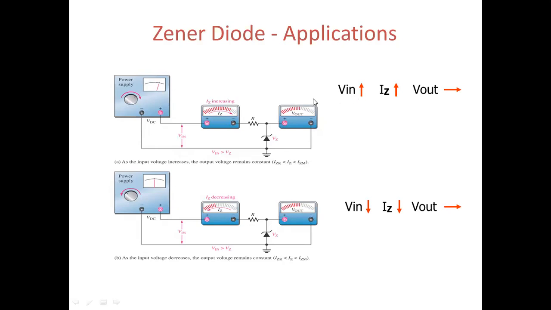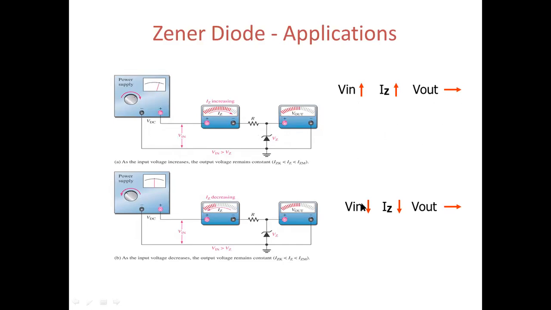The input voltage is increasing, and the current flowing through the Zener will also be increasing. The upper arrow marks are nothing but increasing. V input is increasing, the IZ current through this will be increasing, but by setting its impedance, the output is maintained constant. Same output we are going to get here.